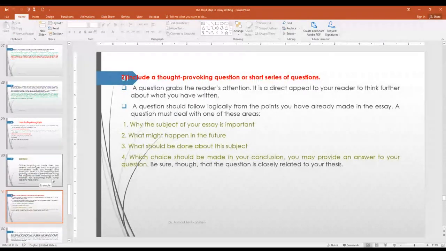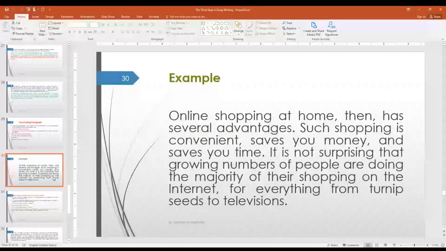What are you going to tell us? What is the summary of your essay? What is the message that you would like to deliver to us as readers? In Arabic we say zubda al-mawdu', the essence or summary of the subject.